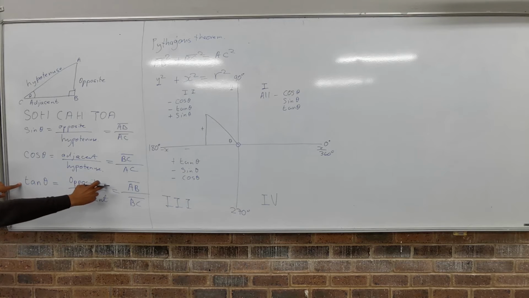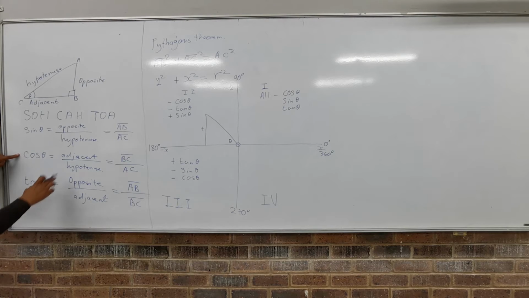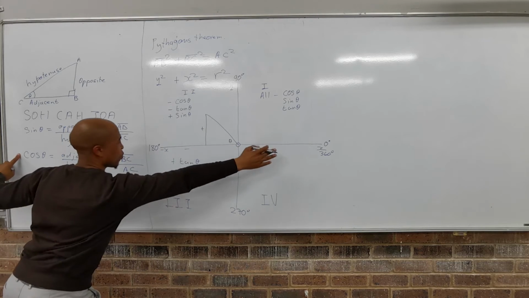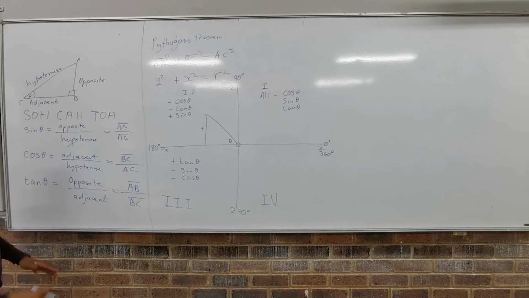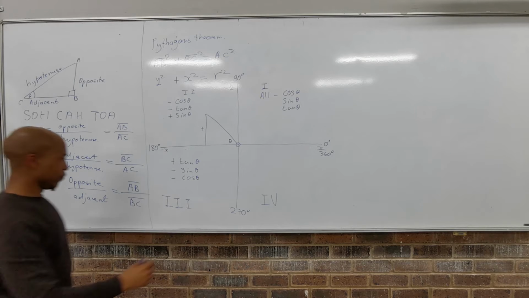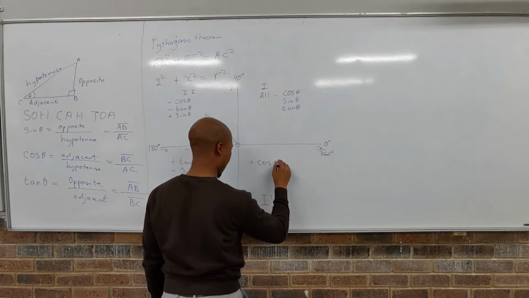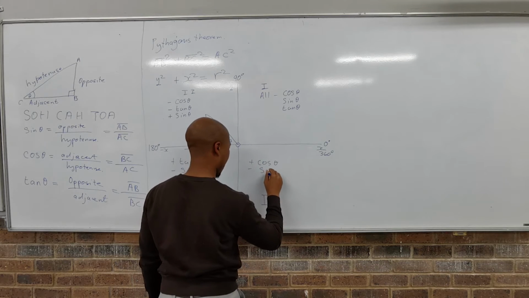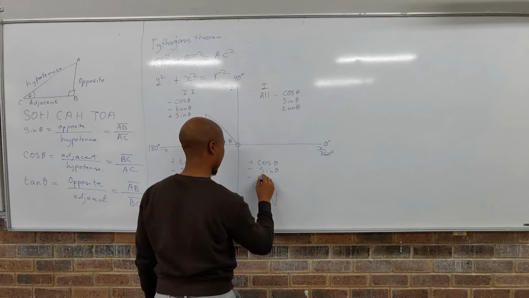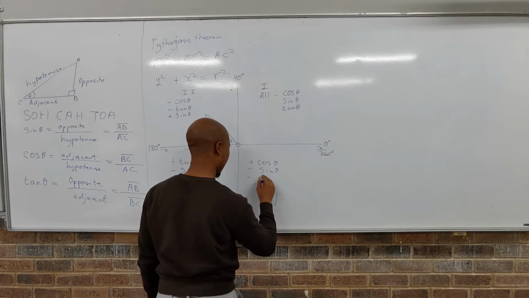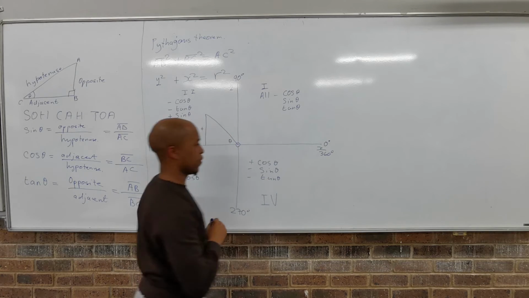The opposite, which is negative. Now, this tells you that cos is positive. Why? Because the adjacent side is positive and hypotenuse is what is always positive. So we have positive cos theta, negative sine theta, negative tan theta.